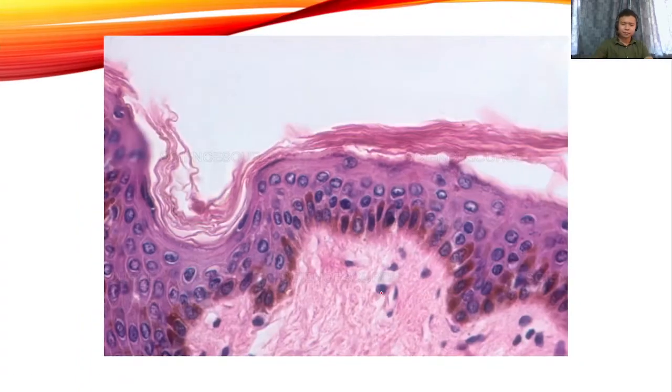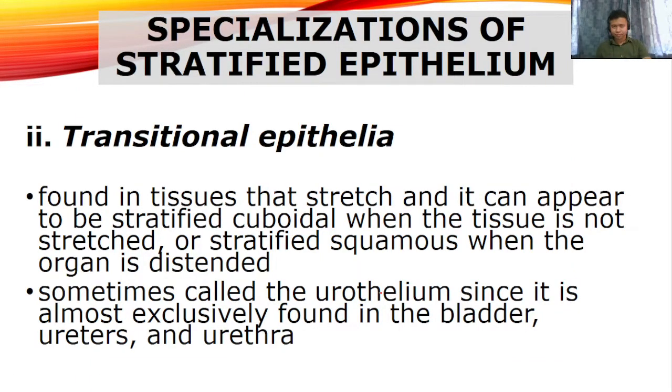Moving forward, we have the transitional epithelia. Okay, so when you talk about transitional epithelia, it has the capacity to stretch, because it is made up of cuboidal or columnar tissues.